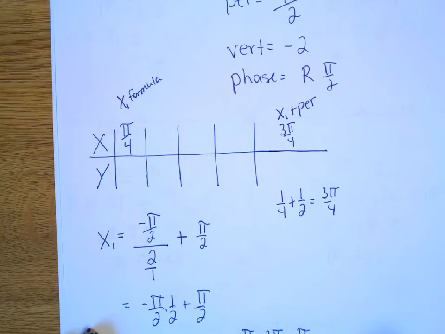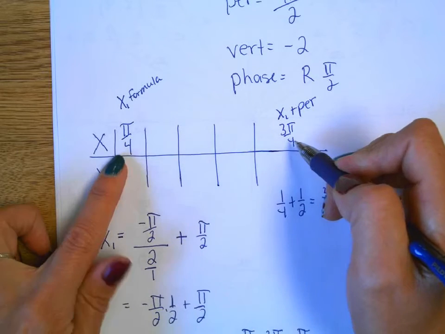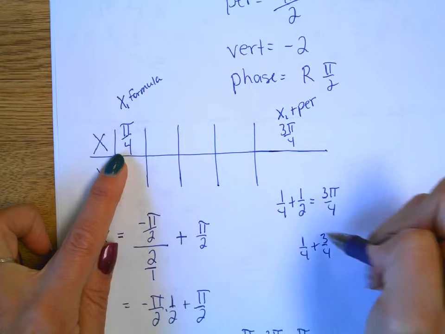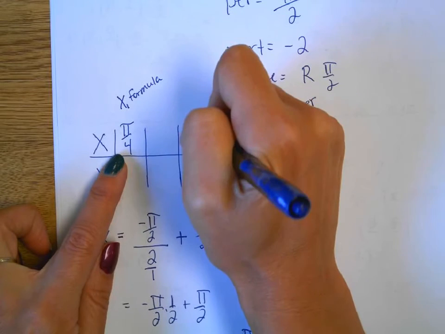And now you're averaging to get the middle. If I add, that's 1, cut in half is pi over 2.